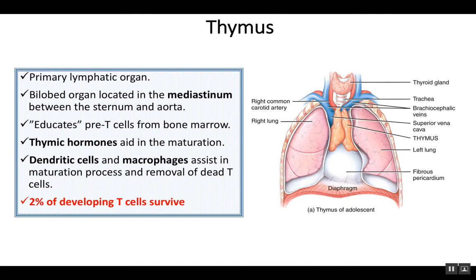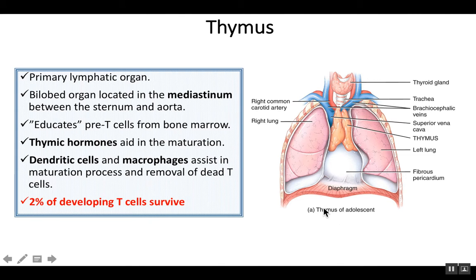It's a very rigorous program. Only the top of the class get to leave the thymus and become a functional, mature T cell. This way, your immune system doesn't make any mistakes. We don't need a T cell out there that doesn't quite know how to fight an infectious organism. So it's a very rigorous program in the thymus.